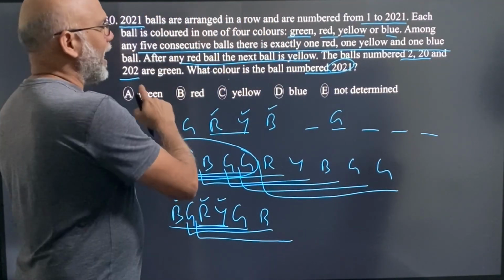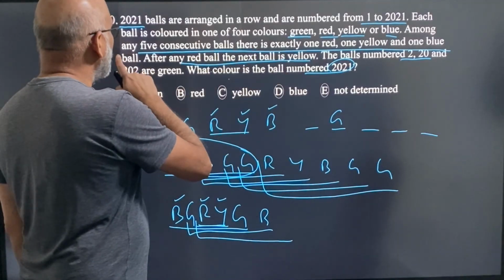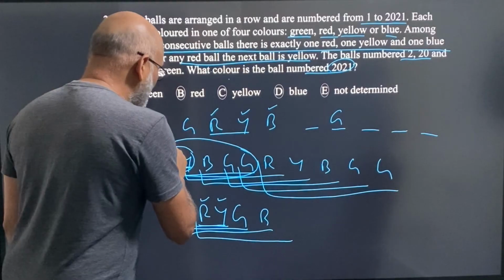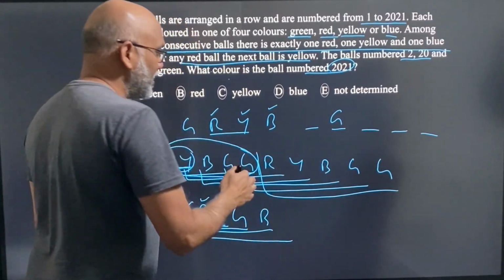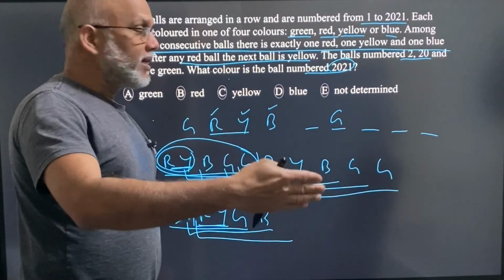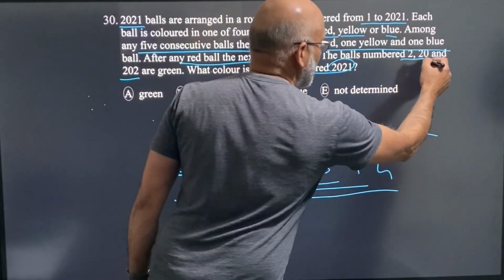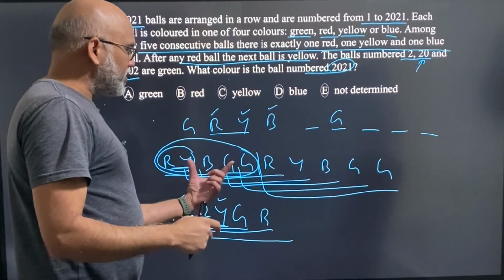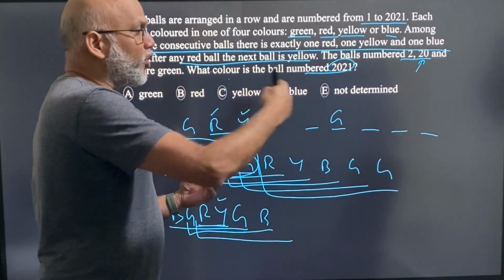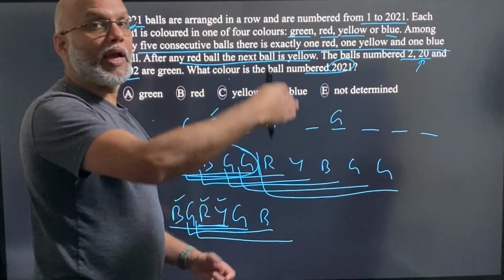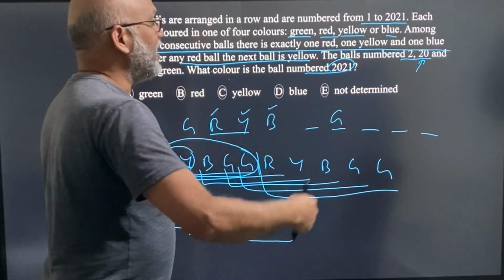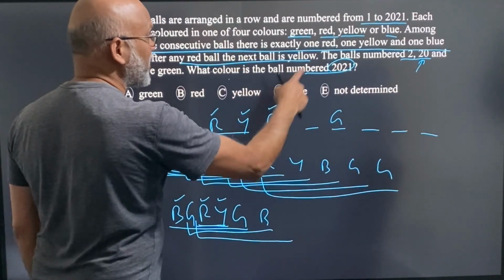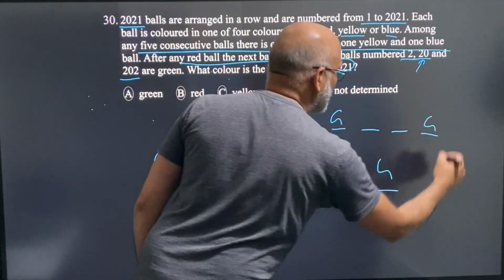Then 20 is green. The pattern repeats every 5. What is 20? That will be the end of the fourth pattern, since in 4 patterns there are 5 times 4 is 20. Each pattern is the same, and that is also green, so green must go there.